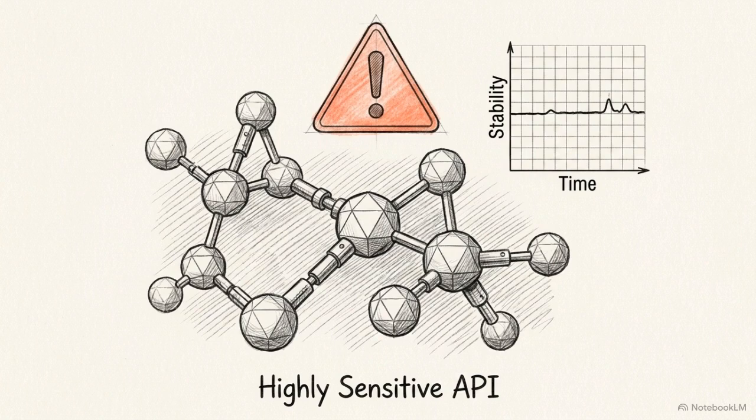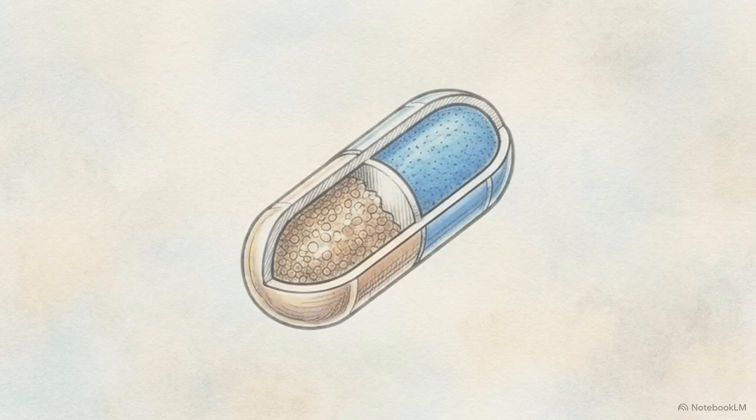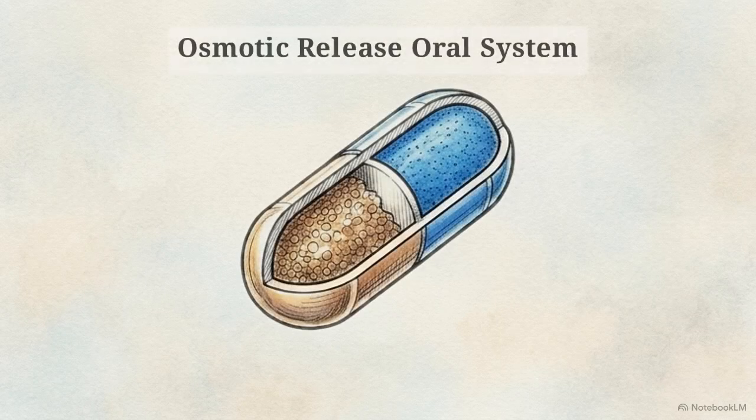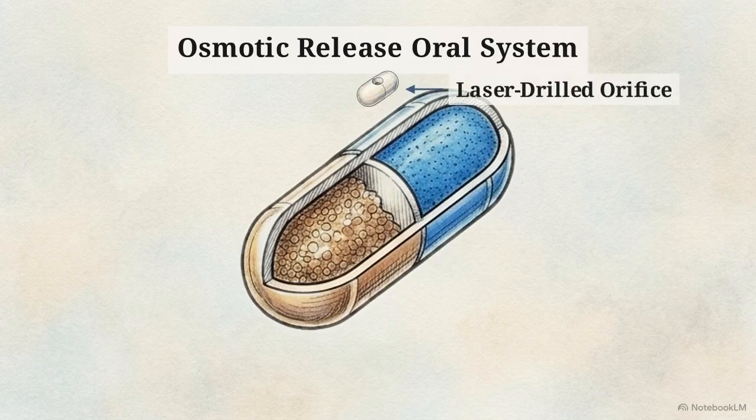Some highly sensitive drugs cannot achieve the required zero-order flatness with matrices alone. In these cases, engineers deploy advanced systems, specifically the osmotic pump, or OROS. This architecture visualizes an osmotic pump. Notice the rigid, semi-permeable membrane enclosing the core, punctuated by a single laser-drilled orifice.